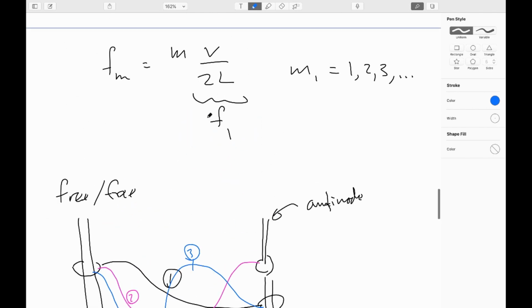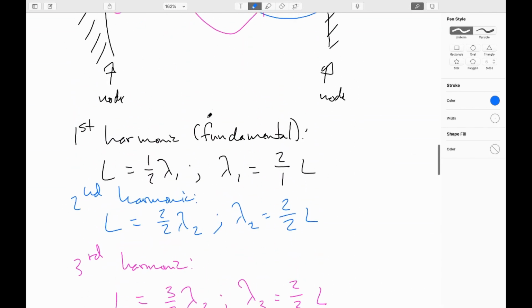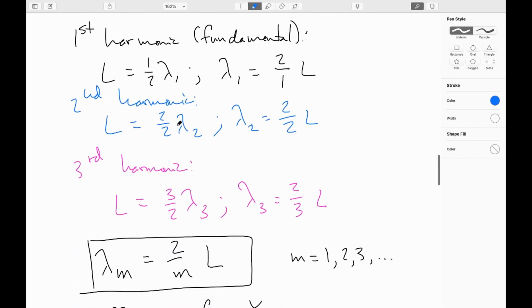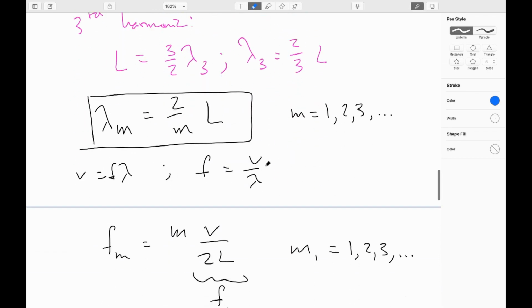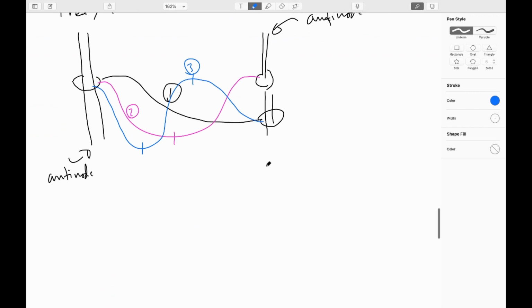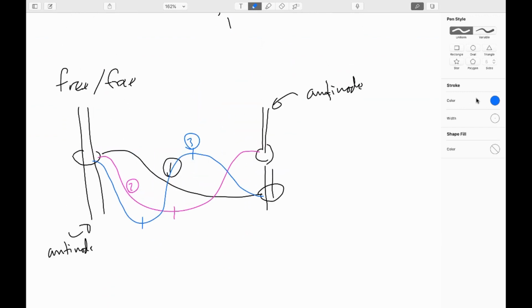Other than that, I think I mismatched the colors. Yeah, I did. It's the exact same relationship that we had before. So it turns out that all the equations we got, if both ends were fixed, apply if both ends are free.